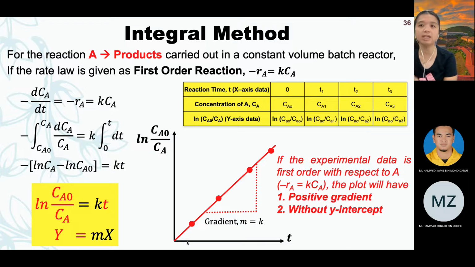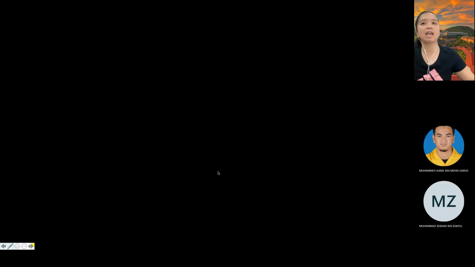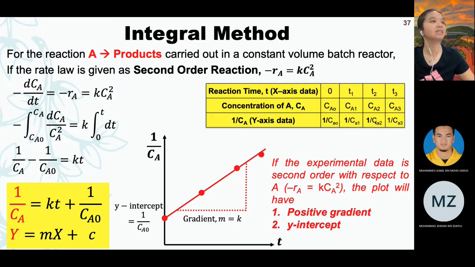And for first order, the K value is per time. So katakan per minute, per hour, so on and so forth, depending on your experimental time punya unit. And last one for today, before we end, cukup-cukup pukul 11, hampir 10 minit lagi, is second order reaction.